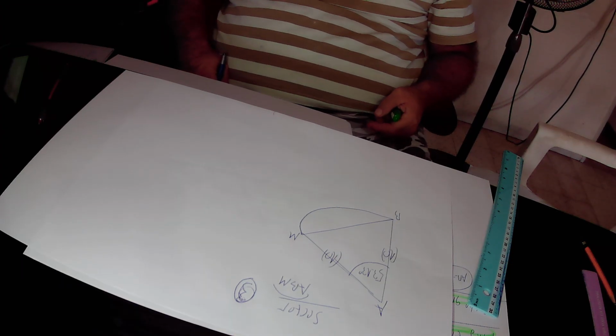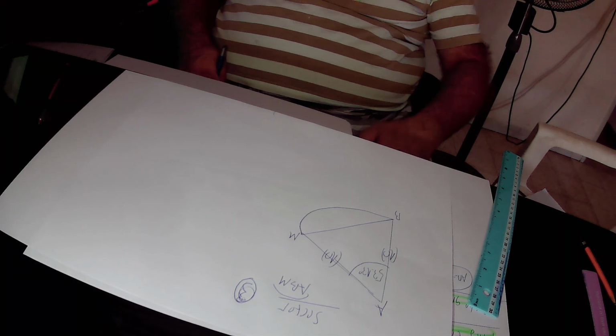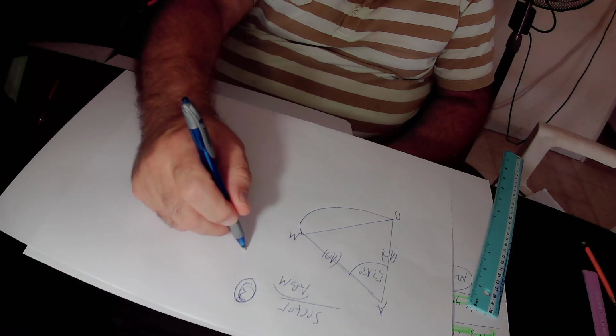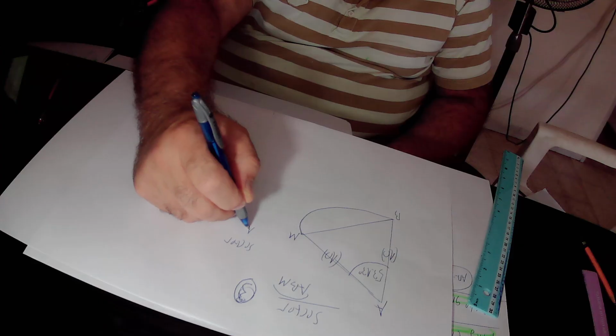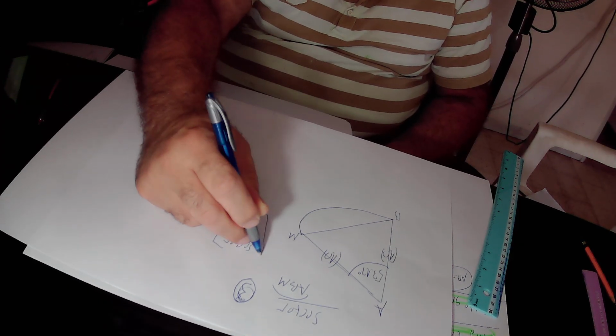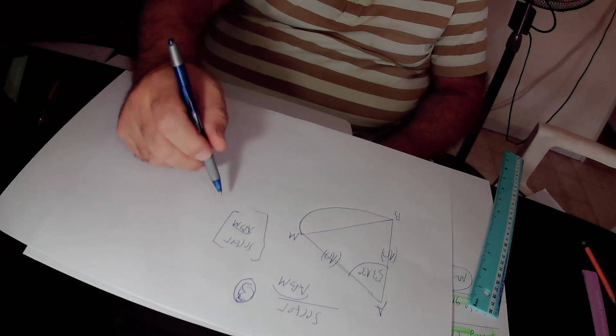According to the formula that I presented to you, the area of this sector ABM will be equal to the area of the circle that contains the sector, that is pi r square.